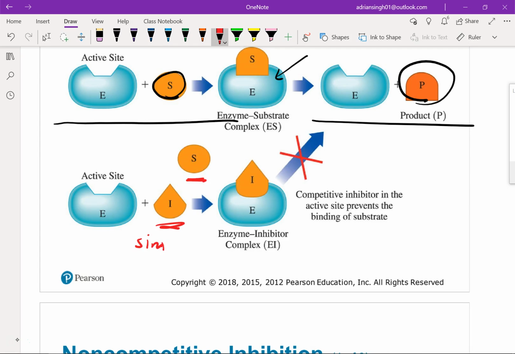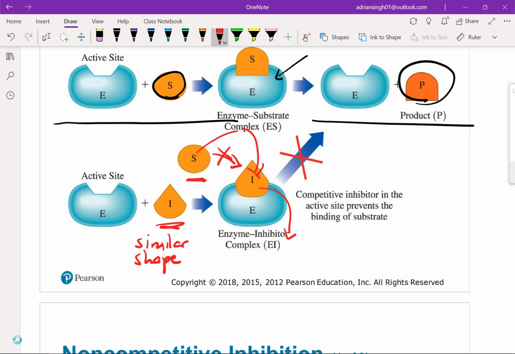Similar shapes, specifically the part that would interact with the enzyme active site. So if the inhibitor binds, well then the substrate, right, can't bind to it because it's occupied. So the enzyme isn't able to do what it's supposed to be doing normally, so no product can be made. Now eventually what can happen is the inhibitor here can fall off, and then the substrate, if that enzyme active site is open, can come in and bind eventually, right? Because it's not a permanent interaction.